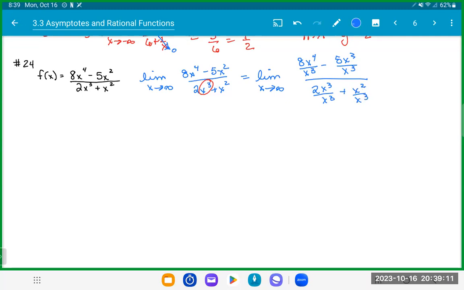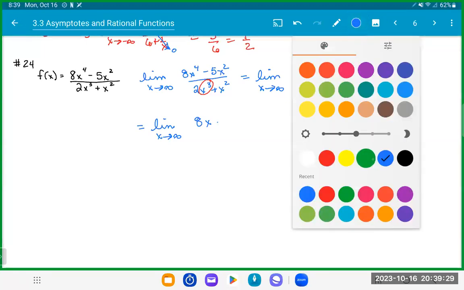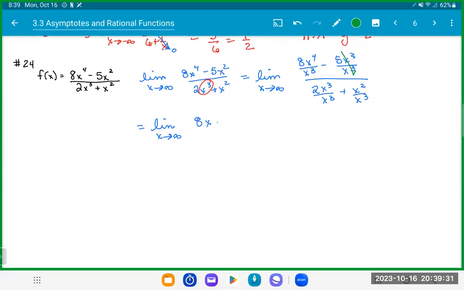Okay. And all of that is going to simplify down to, we have our limit as x approaches infinity. This is going to be 8x, right? Because I have 3 in the denominator, 1 in the numerator. Minus, this is going to go to 0. This one will also go to 0.